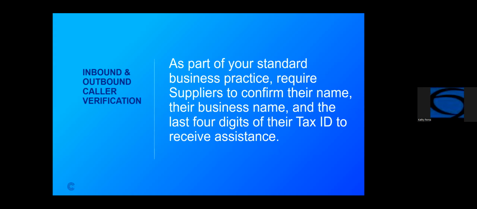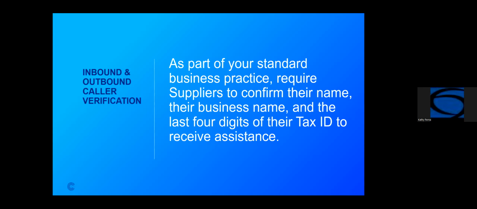The last one that we have on the list is inbound and outbound caller verification. Just as a part of your standard business practice, you want to require suppliers to confirm their name, their business name, and the last four of their tax ID number to receive assistance. This keeps people from just calling in saying, "Hey, I work for this company.